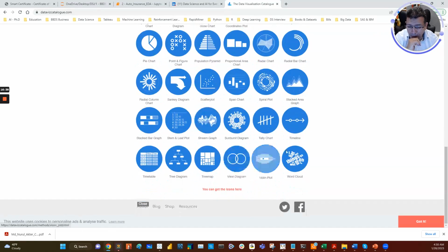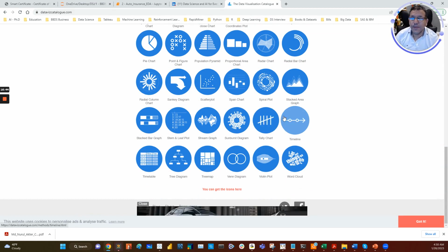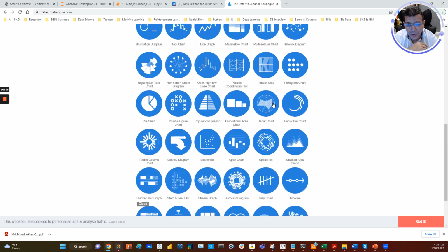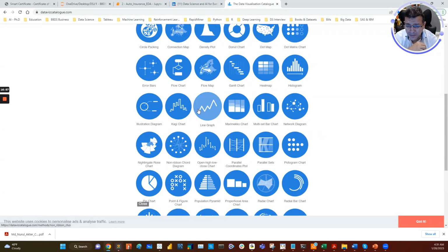And of course we could use other techniques, but these are the most common graphs that you could start with, to help you understand the data better. You could feel free to try others.